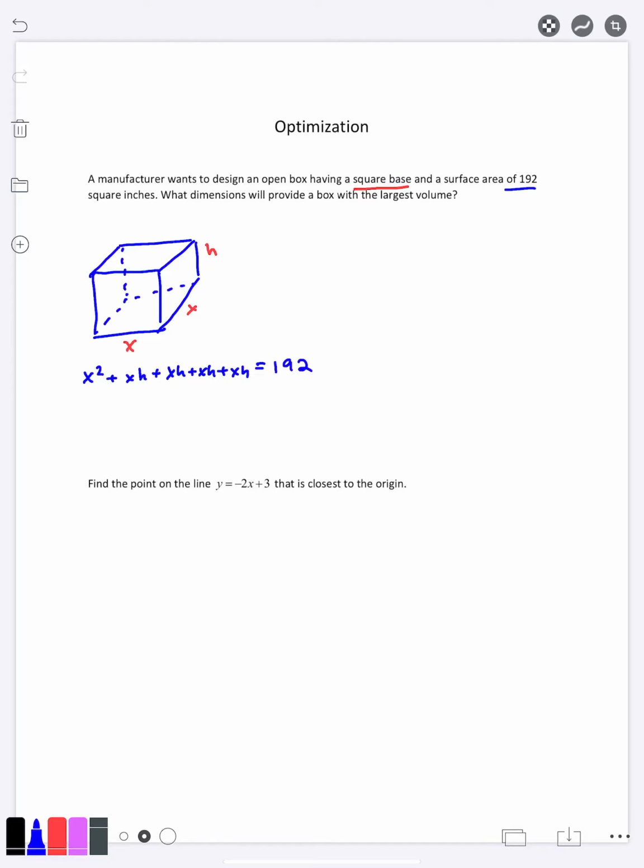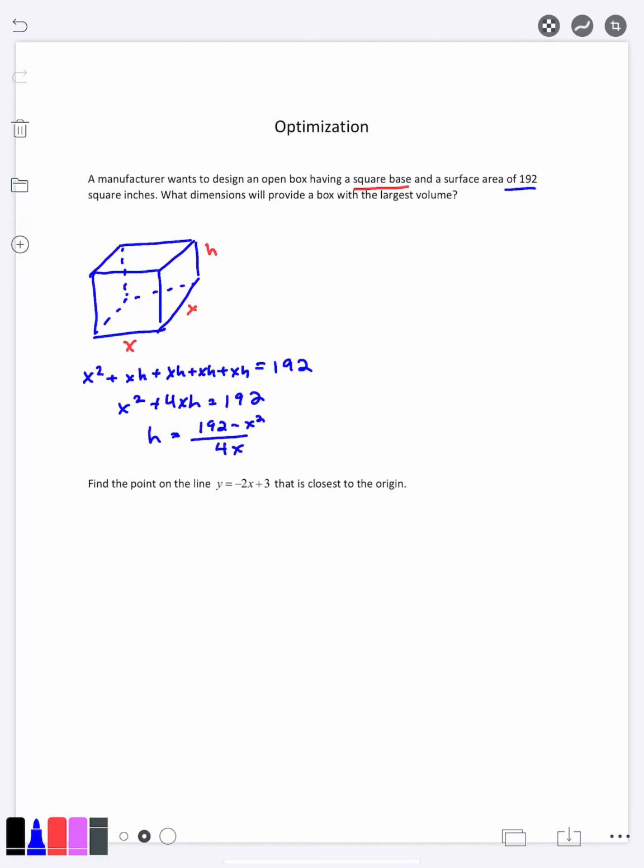And so what we can do then is say the formula works out to be x squared plus 4xh equals 192. And then we can solve for h to get (192 minus x squared) over 4x. So there is our function that tells us the height in terms of the side x.